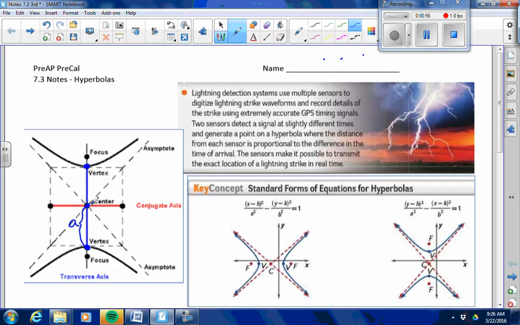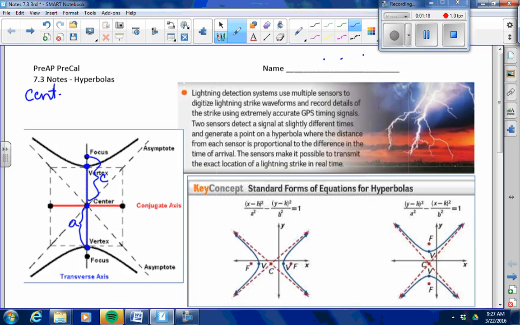We also have the focal points. The focal points are inside each part of the hyperbola. So the first focus point we can see is up here. The distance from the center to the focus point has a value of C units.